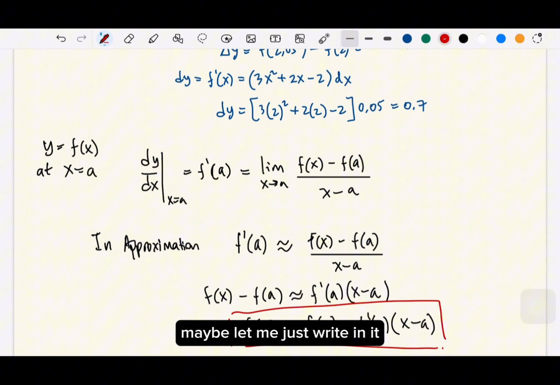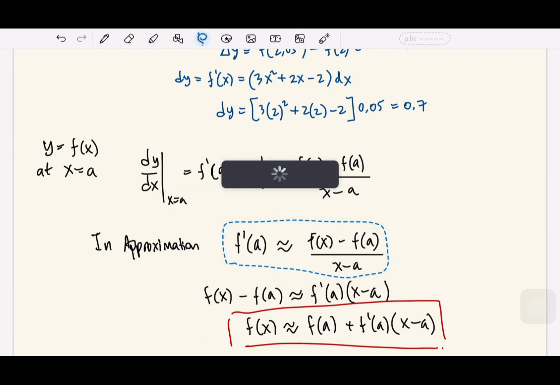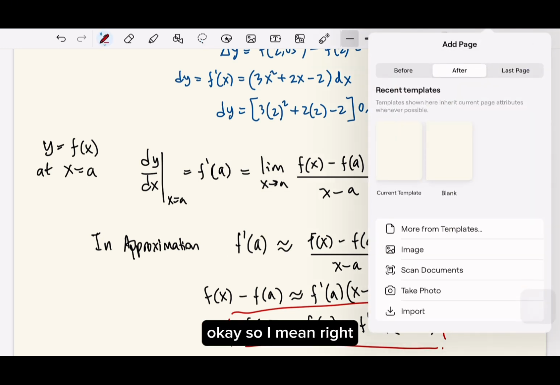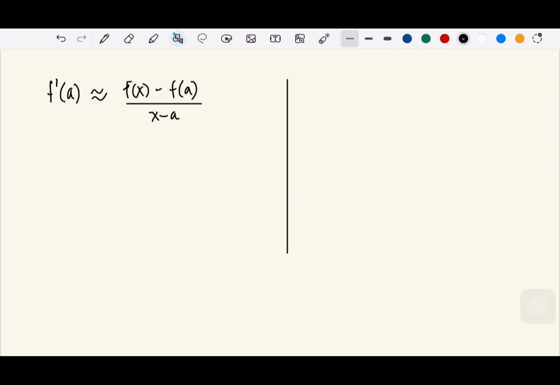Maybe let me just write in the picture. Okay, so let me copy this. Let me write here that, imagine we have some curve.